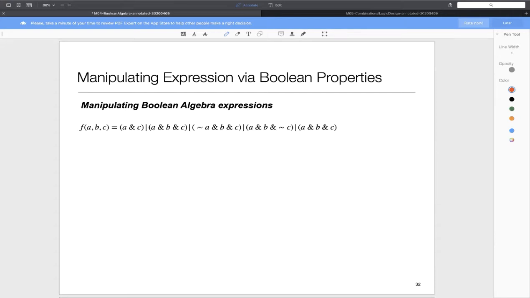F(A,B,C) is this complicated looking function. And let's see how we can manipulate this thing. So what you see are AC, or ABC, or not ABC, or AB and not C, and or ABC. I've given you this expression, and clearly you can see it has some redundancy.